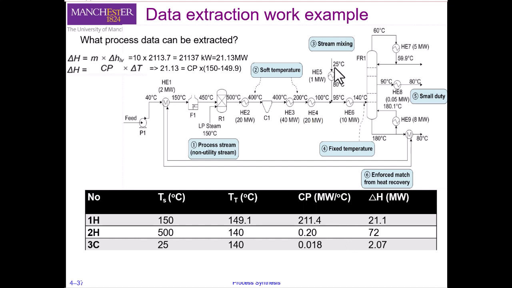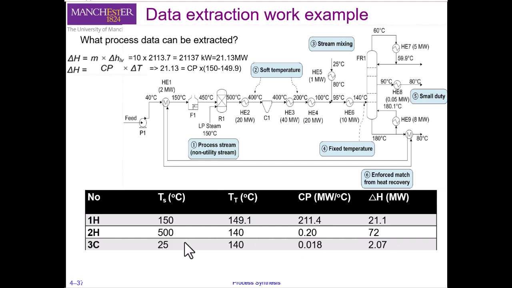We can again do a Cp or heat balance around this exchanger, where we have 25 going to 80 degrees centigrade with a heat load of 1 megawatt. If you do the Cp calculation from this, that would be 0.018, and then you can calculate the final heat duty of this stream going from 25 to 140 degrees centigrade by multiplying by this Cp. So we have the heat duty of this stream here.